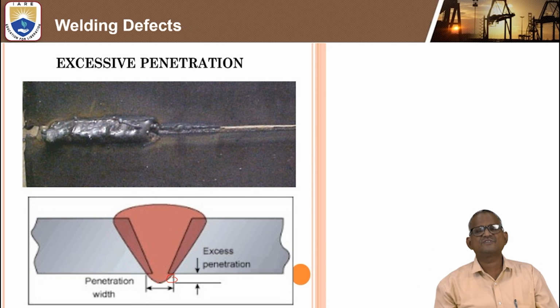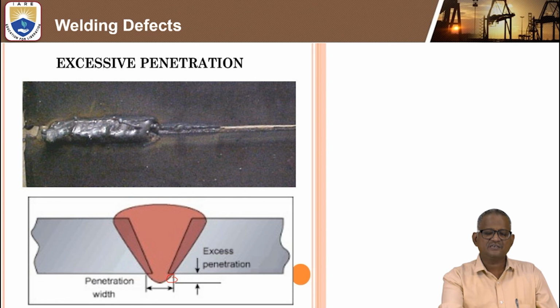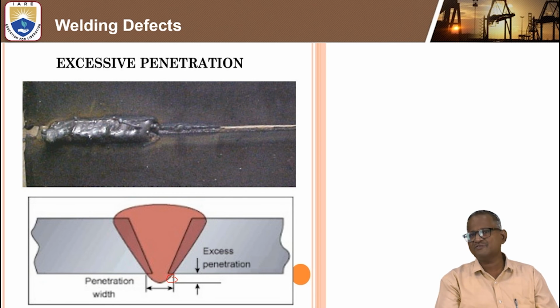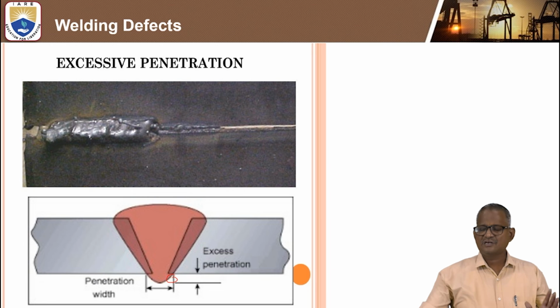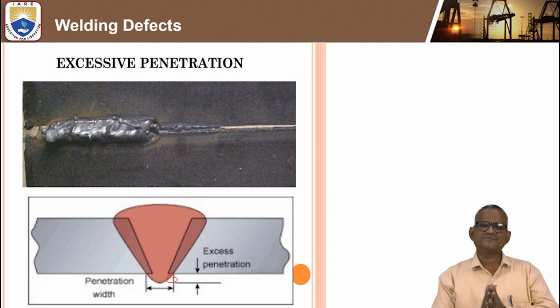Again you can use the chipping machine or chipping hammer, immediately after performing the welding you can do it, otherwise we can't remove the excess. And this is about the total welding defects or welding imperfections.